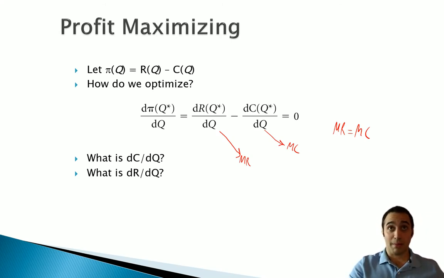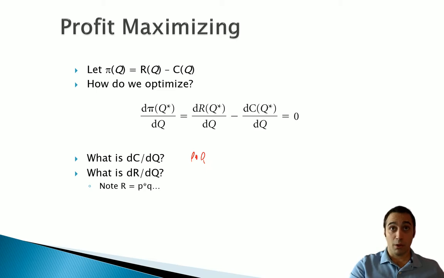Revenue for a monopolist is slightly different. Note that revenue for a monopoly is P times Q. So if we want to look at marginal revenue, we really need to be doing some product rule derivatives.